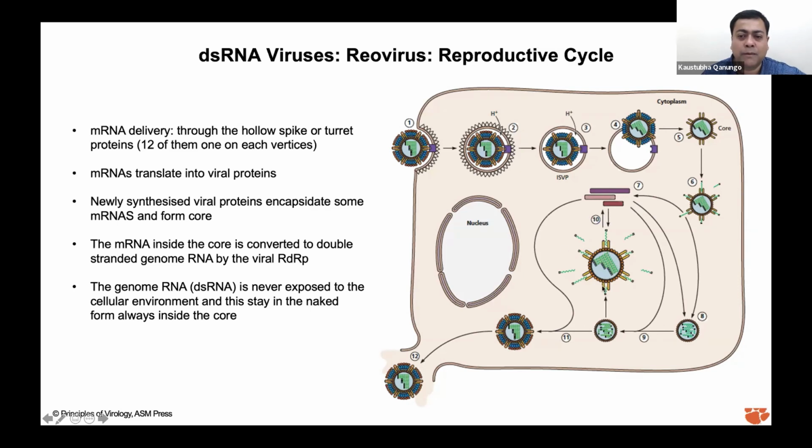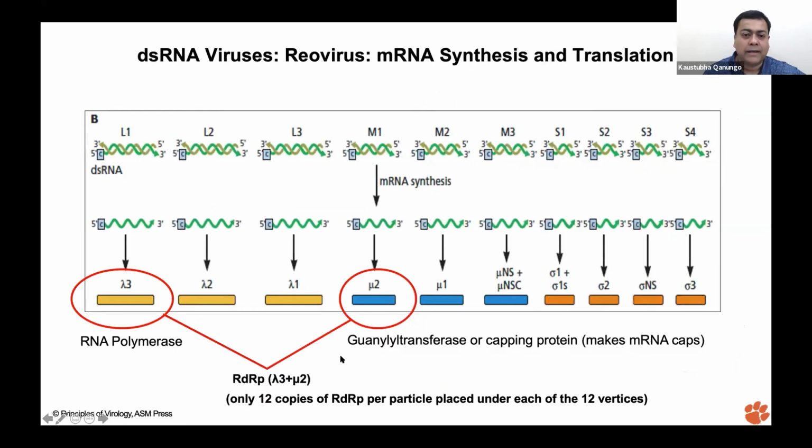Many of these will be formed, which will make the double-stranded RNA inside them, and make more and more mRNAs to make this cycle go on. So this will go on in a cyclic fashion. And out of that, some of them will mature into the virus with the second coat and come out of the cell.